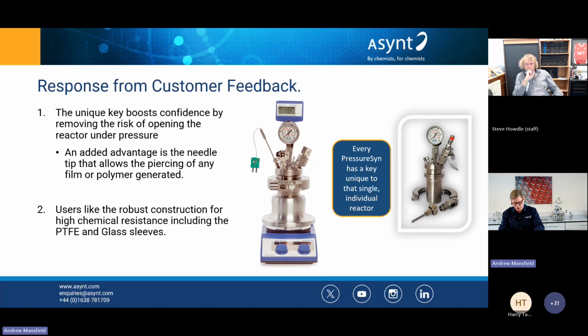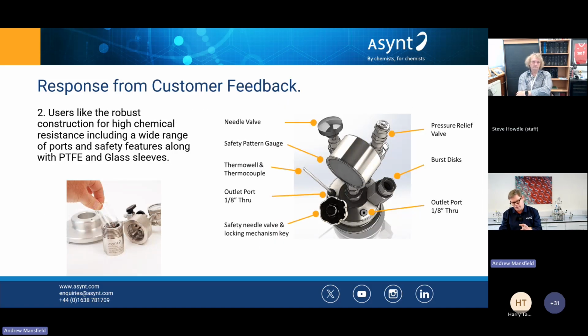So as Martin pointed out, the construction is highly chemically resistant. We can add sleeves, glass or PTFE, for higher and greater chemical compatibility with your chemistry. Martin outlined all of the connections that we can add.